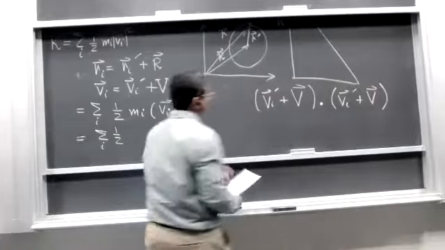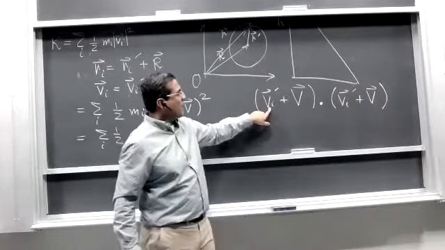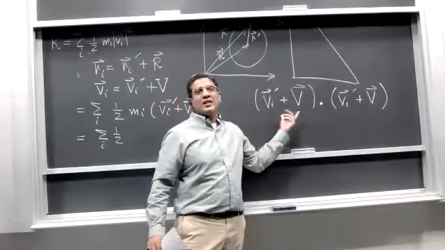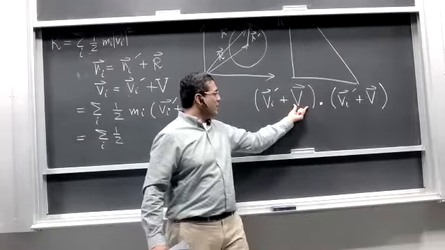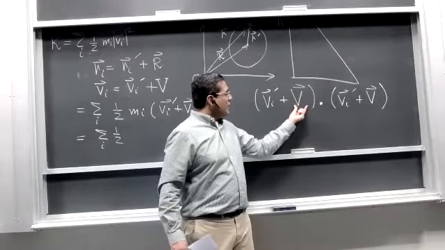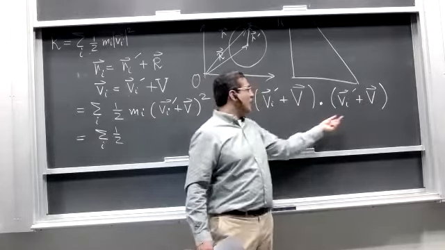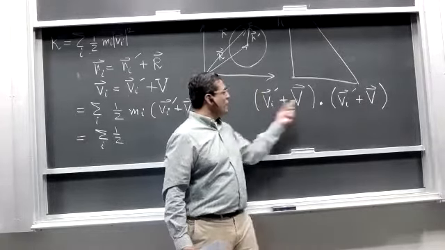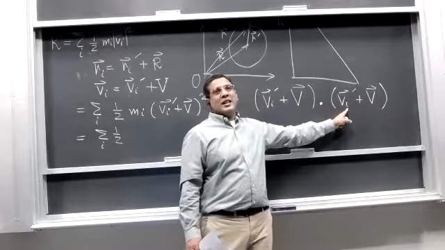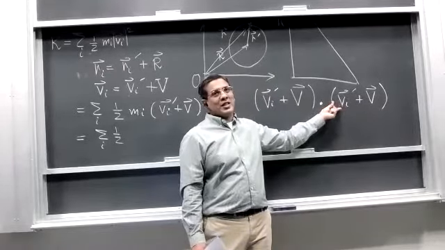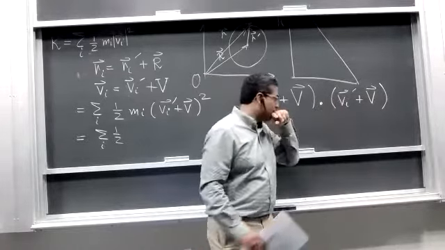So we take the dot product of V_i prime with V_i prime, and we get V_i prime squared. Then we get another term, V dot V, that is V squared. And then we get V_i prime dot V and V dot V_i prime. Since the dot product is commutative, that is just 2 V_i prime dot V.